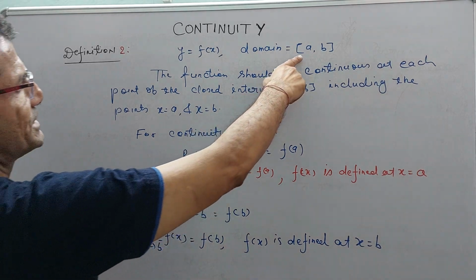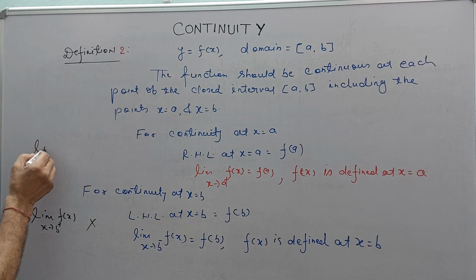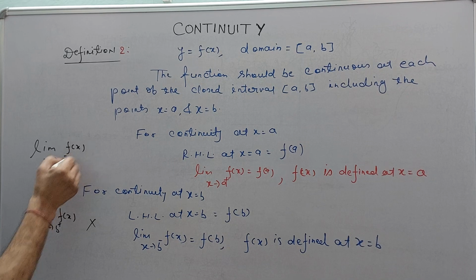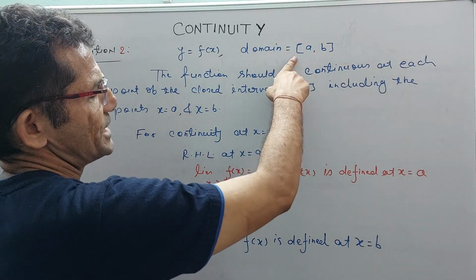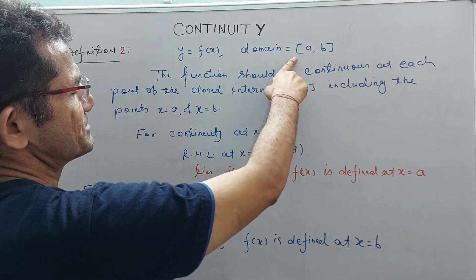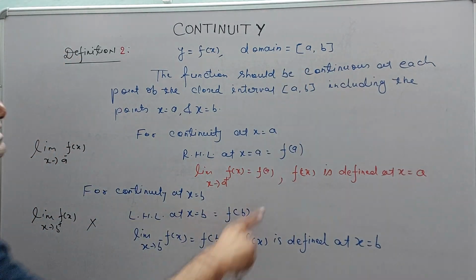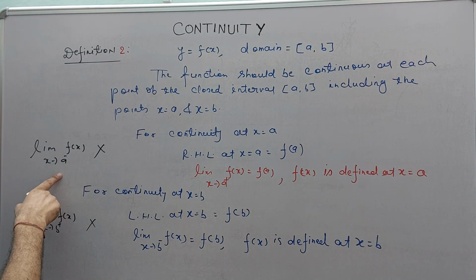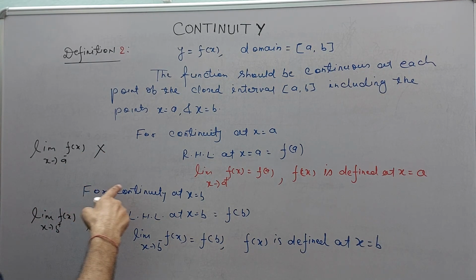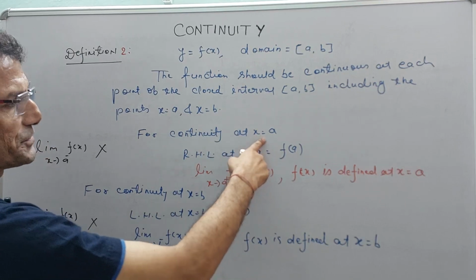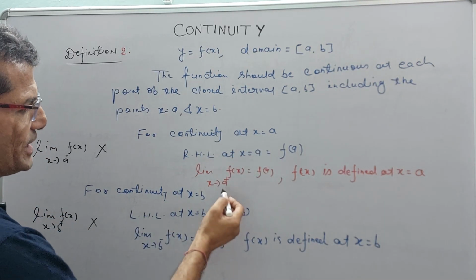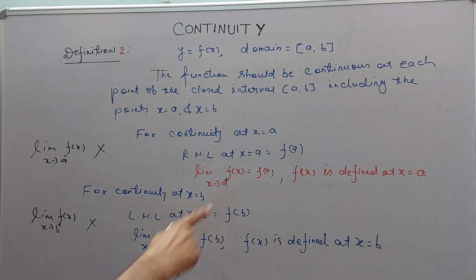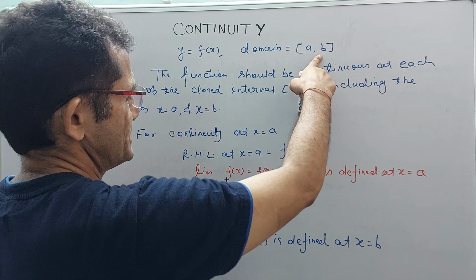Similarly, if I take the left hand limit at the point a, we are approaching a from the left hand side, from outside the interval. Therefore we will not take the left hand limit for checking continuity at the point a. That's why we have taken only the right hand limit at x equal to a and the left hand limit at the point b.